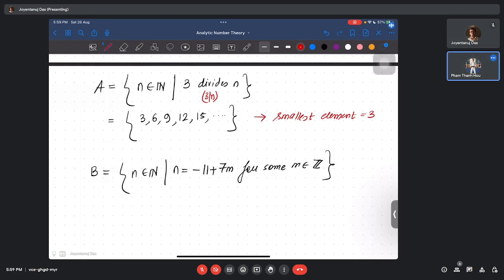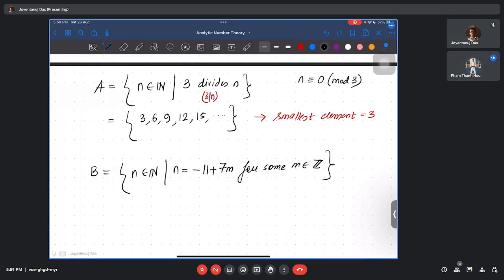So n is 0 not 3. So it's three, six, nine. So the smallest element is 3. That is clear.